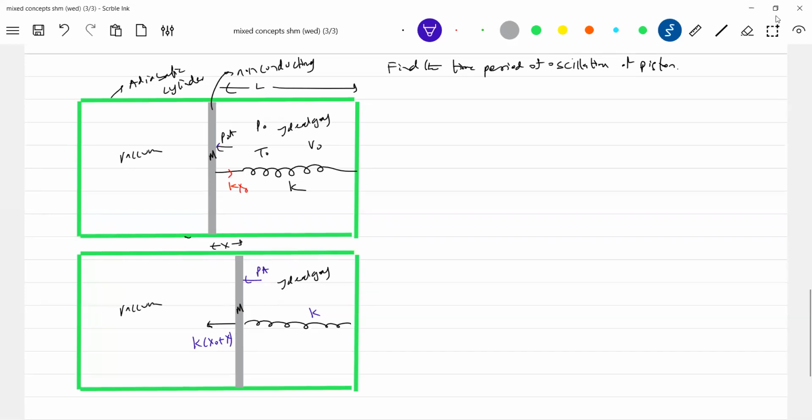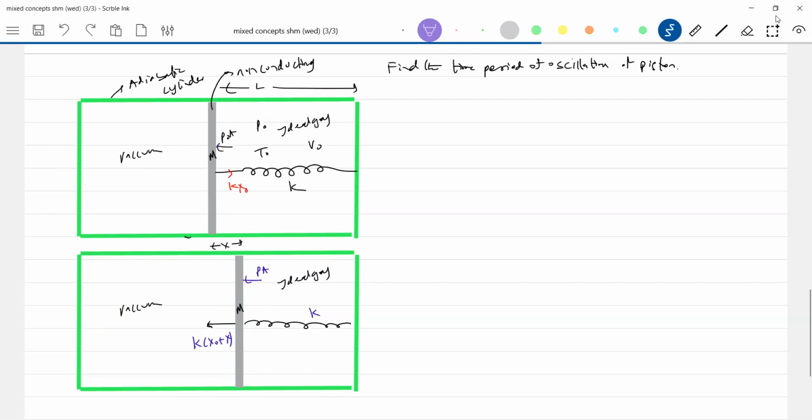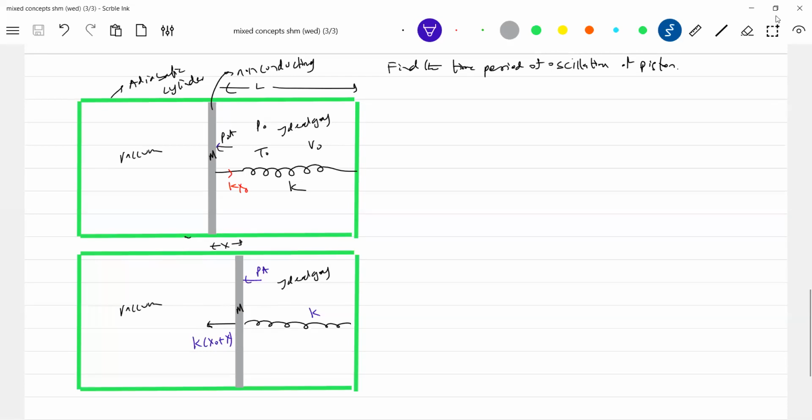Because already there was some elongation. No, it will be elongated. X naught minus x should come. What is the natural length of the spring?